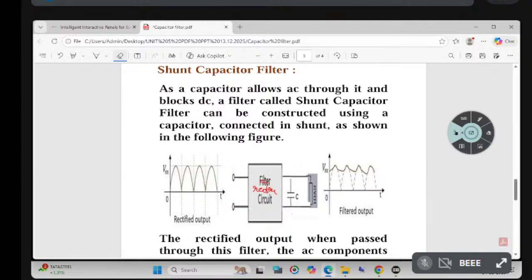Shunt means parallel. Shunt and parallel. Capacitor always connected in parallel. Inductor always connected in series. So if you write this, you will get marks. The diagram and 2 sentences are enough to get the marks.